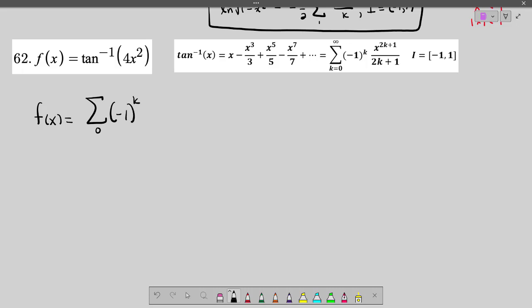That x has to get replaced with 4x squared to the 2k plus 1 over 2k plus 1. And then in the IOC, same thing. We have to replace the x with x squared.